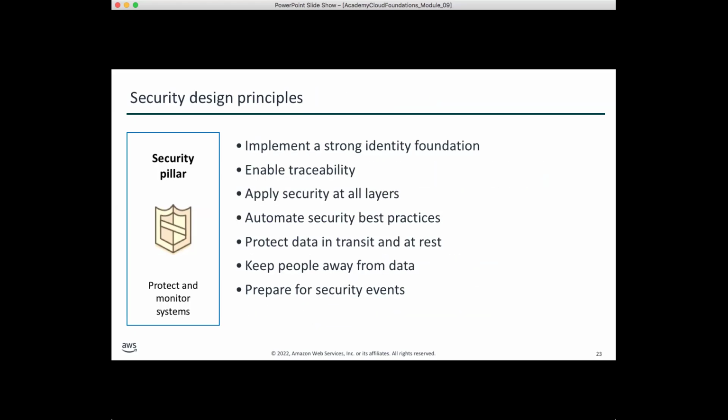Now, the design principles in the security pillar are: first, you implement a strong identity foundation. Basically, it involves implementing the principle of least privilege. Let me point you to my InfoSec class, or any other class where you have learned about the principle of least privilege.